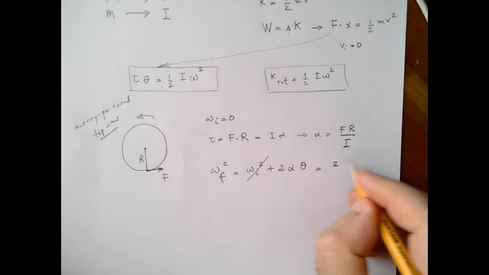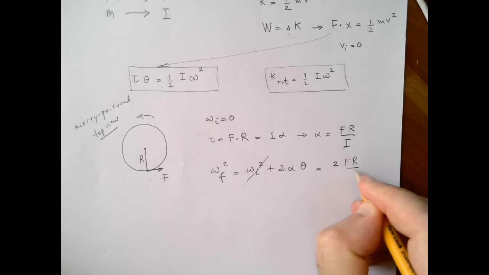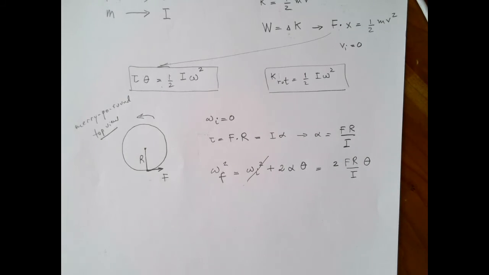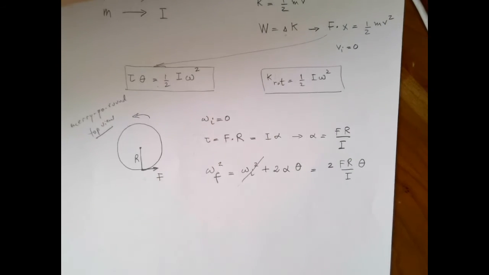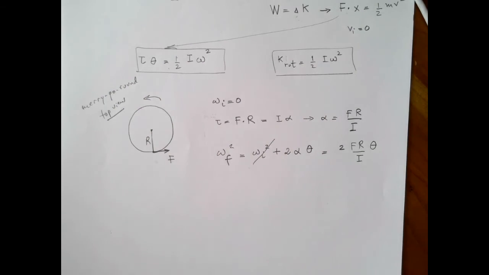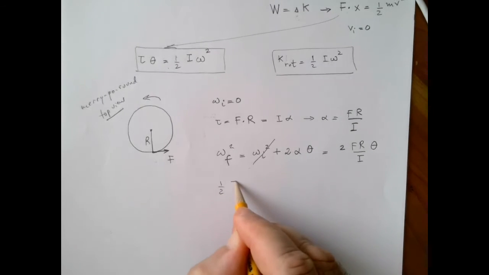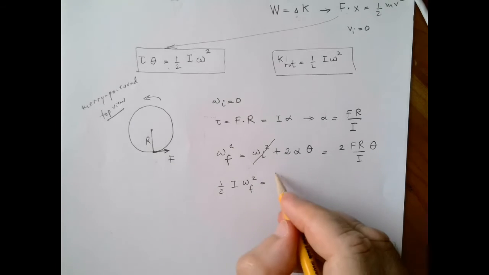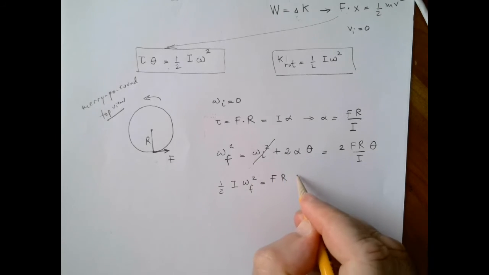So this becomes 2 F R over I times theta, or 1/2 I omega f squared is equal to F R theta.